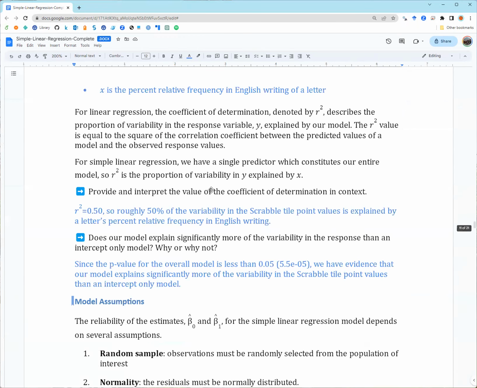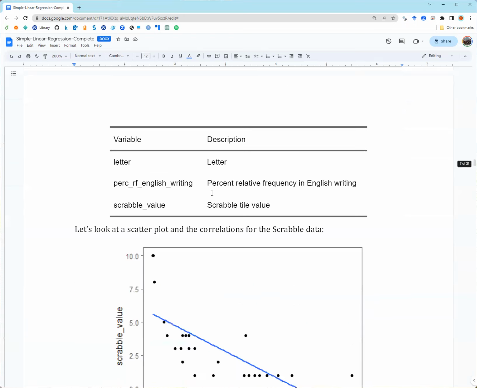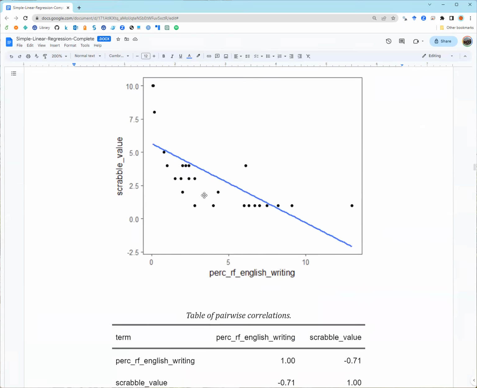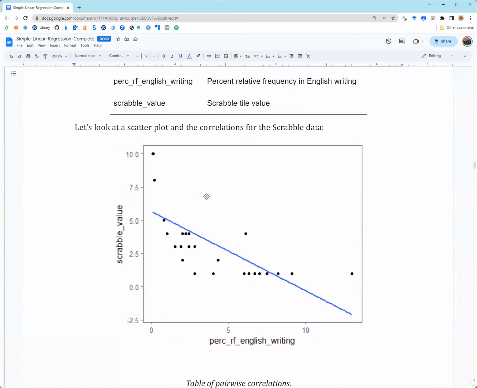If we look at the scatter plot, we can probably see where it's at. It had a Scrabble tile point value of like 1, and the percent in English writing was 13. So it looks like it's here. This is the letter E, because it has 13 for the percent relative frequency.